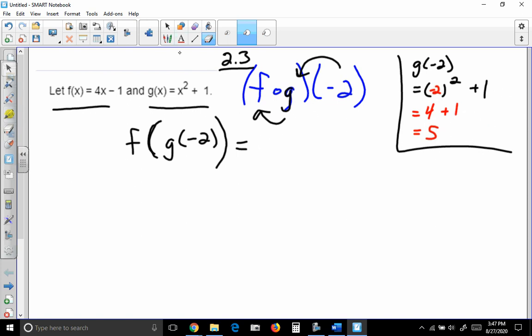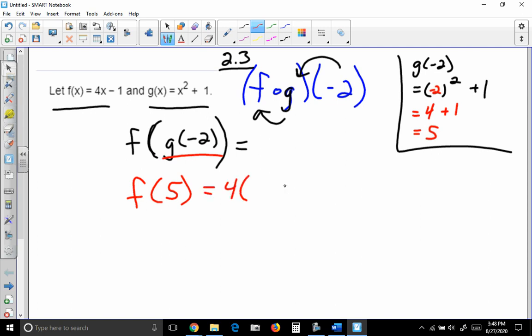So in place of g of -2, we're going to put the answer for g of -2. And then we're going to plug that into f. So f is 4 times the input minus 1. So this time our input is 5, not -2. So 4 times 5 is 20, minus 1.